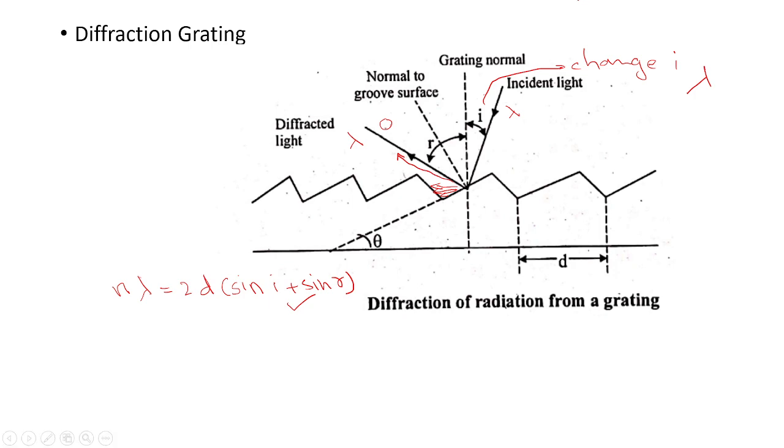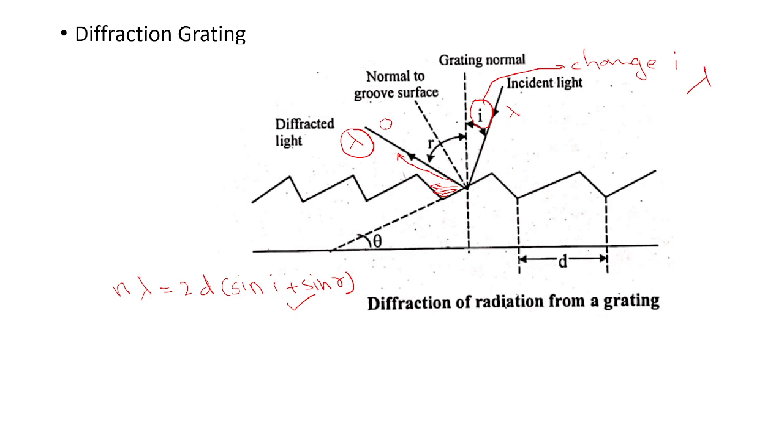Again, with change of i, the incident angle, you will get a particular radiation coming out with a particular lambda, that is monochromatic light.